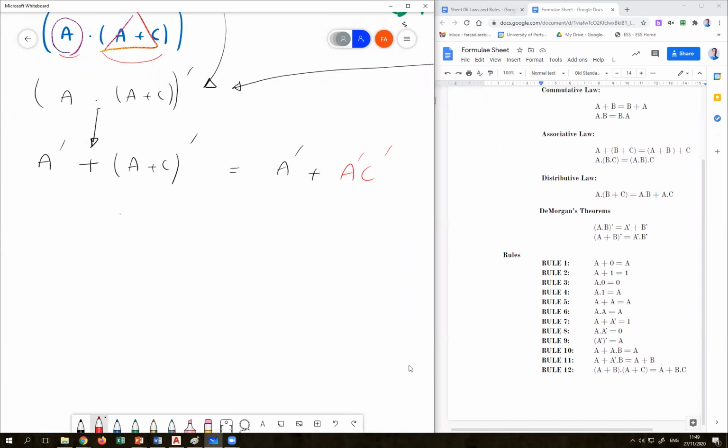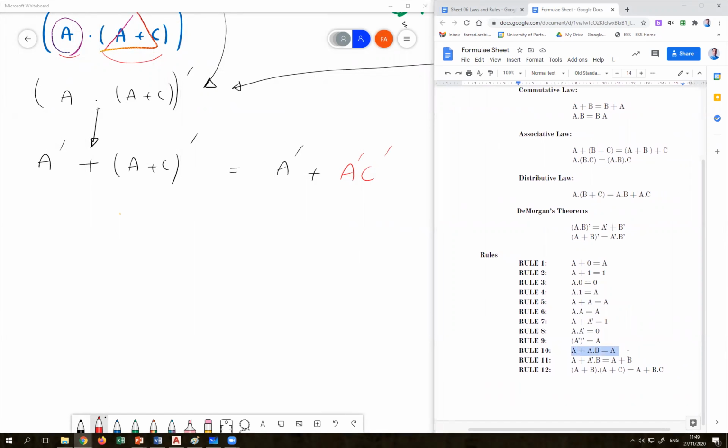Now what I can do is use rule number 10 here. Rule number 10 says that A or AB is equal with A. In the previous video, I explained that and we discussed the common factor. So here, this can be my A in rule 10, and this can be my B in rule 10. If you are not sure about that, this is rule number 10 that you can use.